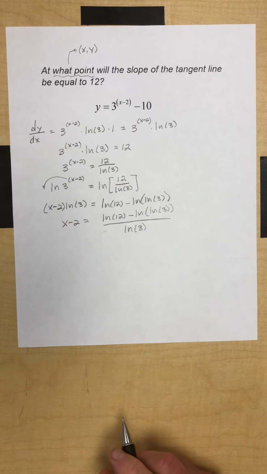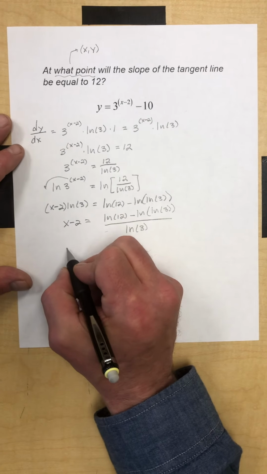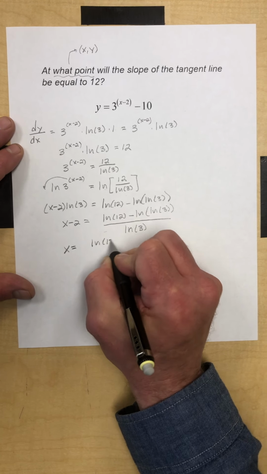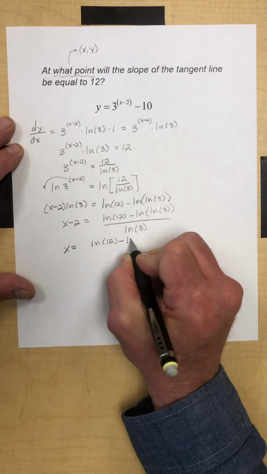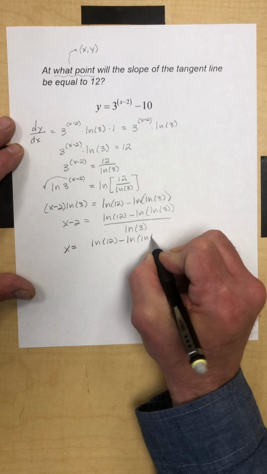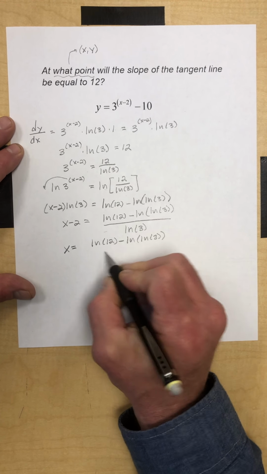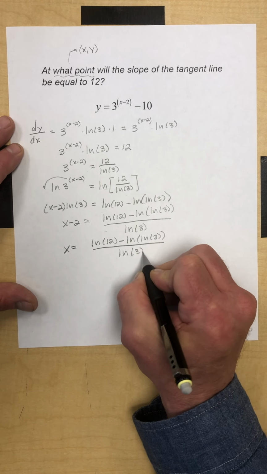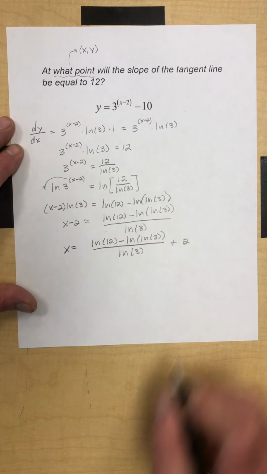Then notice I'm going to have to add 2 to both sides. So x equals the natural log of 12 minus the natural log of 3, all divided by the natural log of 3, plus 2.